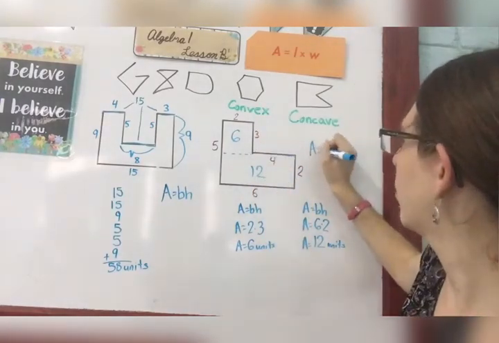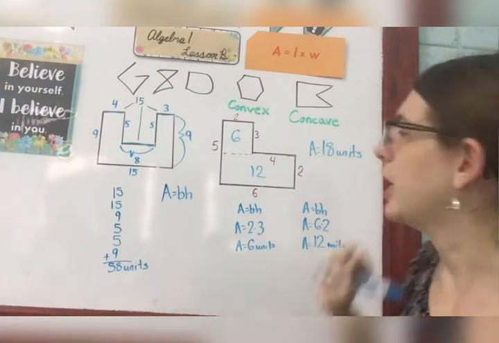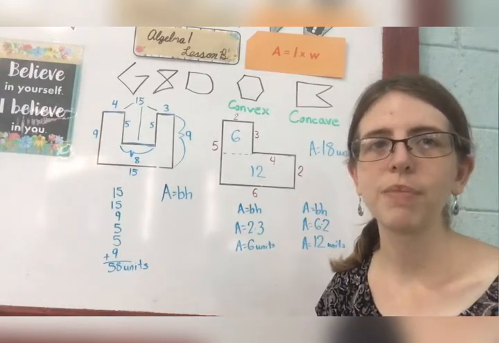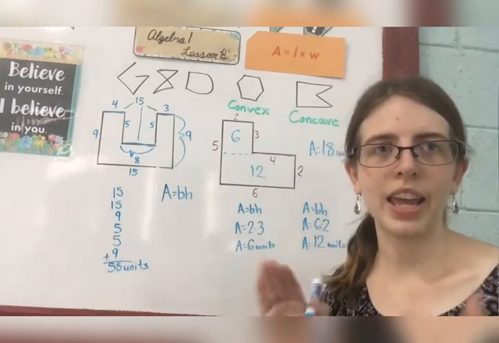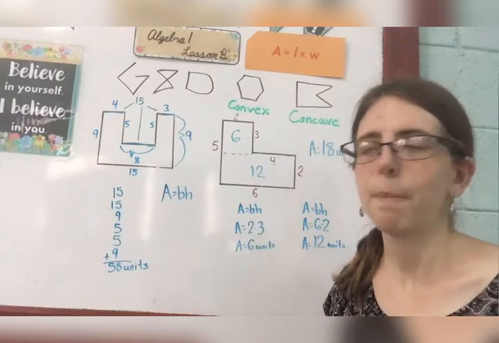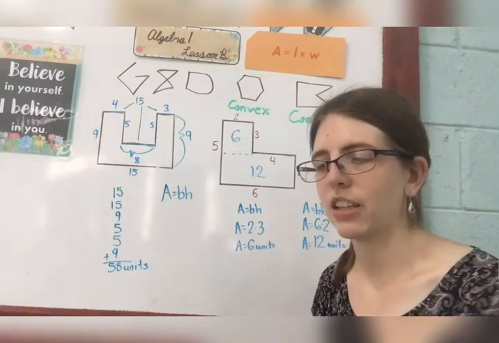So your total area is 18 units. And that's how you find your area. Okay, that's all you got to do. If you were to divide it right here, your height and your width would change a little bit for each one, but you would still end up with the same answer. So check out your book to take a look at that.